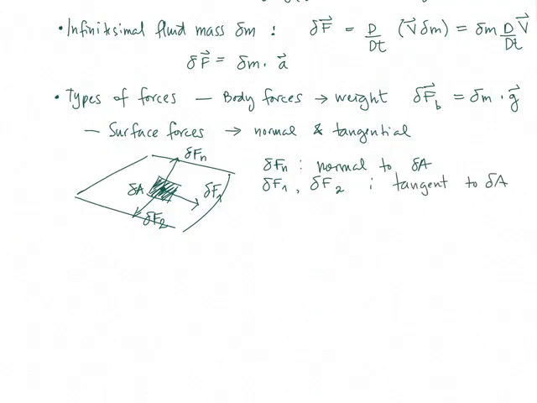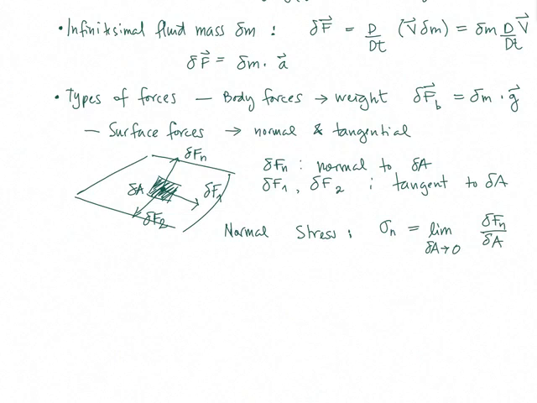So now we're going to be interested in the stresses. The normal stress, what we call sigma normal, is equal to the limit when the area tends to 0 of dF normal divided by dA.